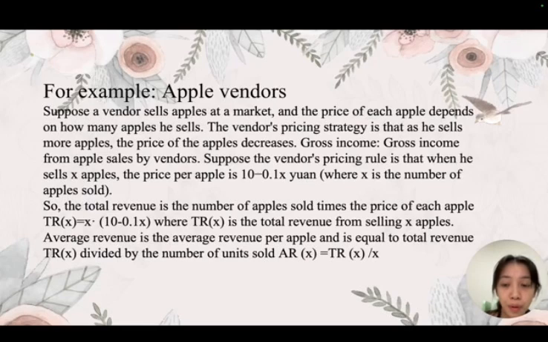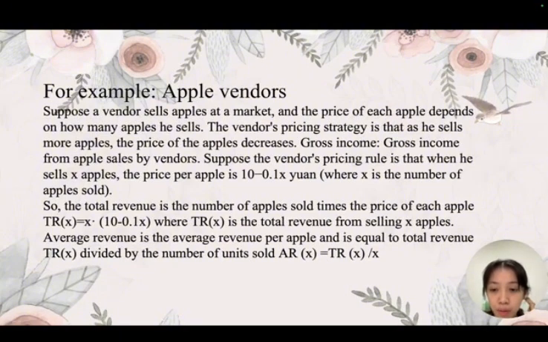For example, suppose a vendor sells apples at the market, and the vendor's pricing strategy is that as he sells more apples, the price of apples decreases. The pricing rule is that the price per apple is 10 minus 0.1 multiplied by x ringgit.